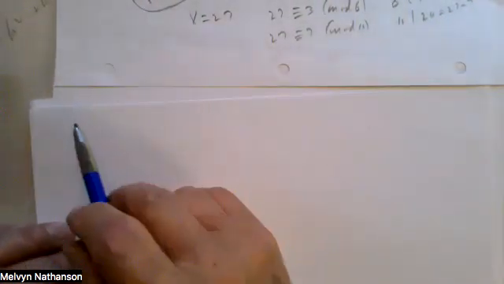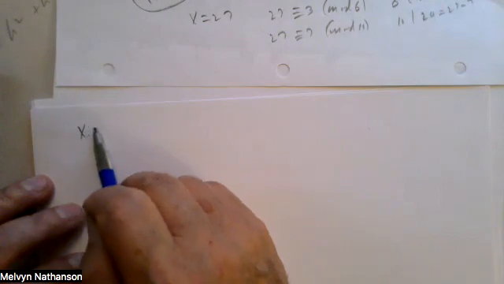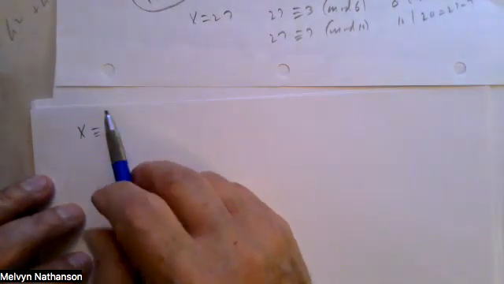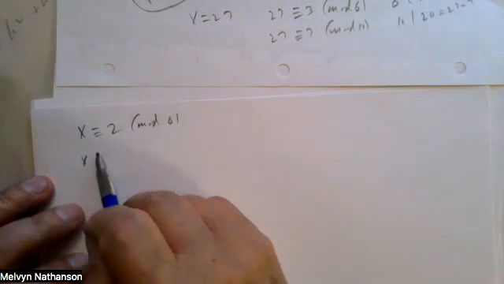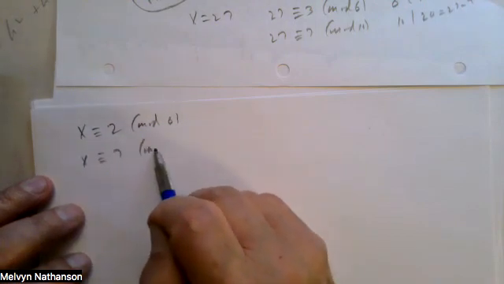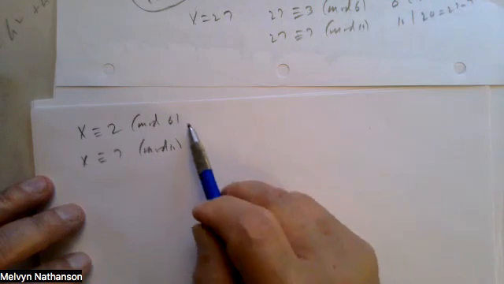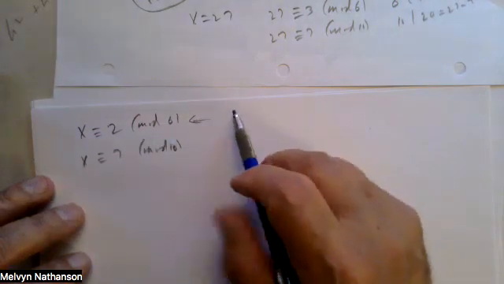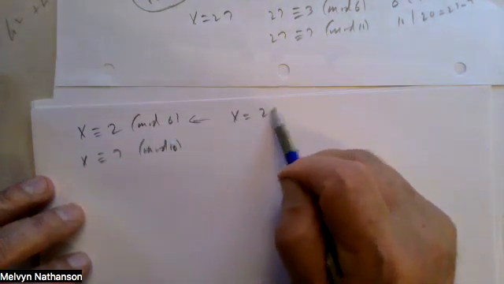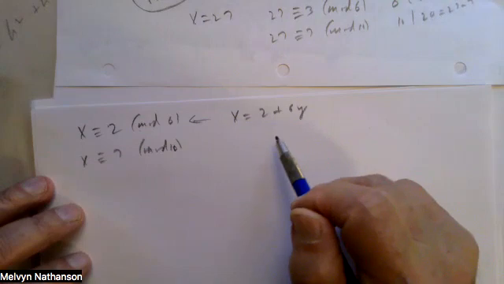Let's look at another example. Suppose I wanted to solve x congruent to 2 mod 6 and x congruent to 7 mod 10. So again, if there's a solution, if x is 2 mod 6, then x is equal to 2 plus 6y.